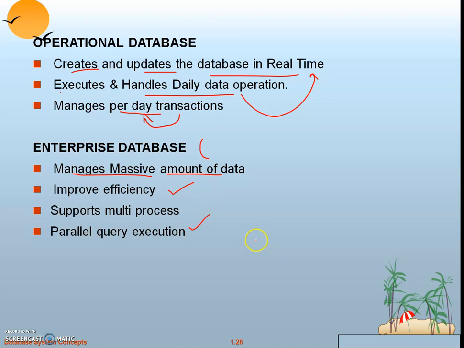More than one user should be allowed to access the data in an enterprise, because it's a large sector and the data becomes very dynamic. Parallel execution has to be encouraged to handle the data efficiently.